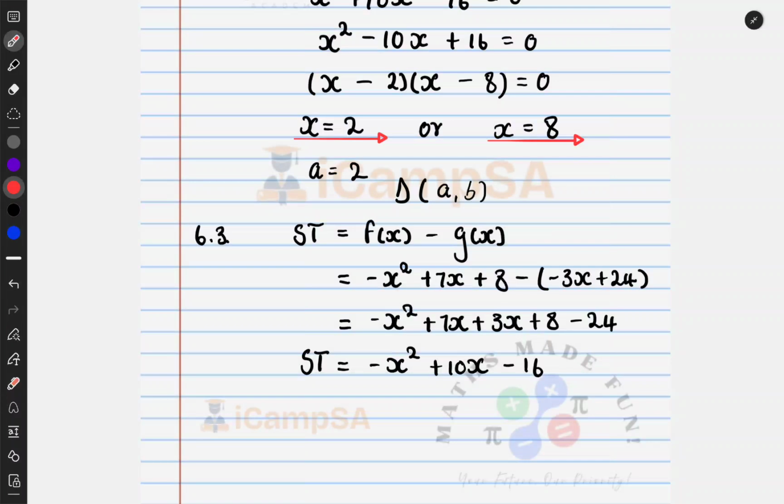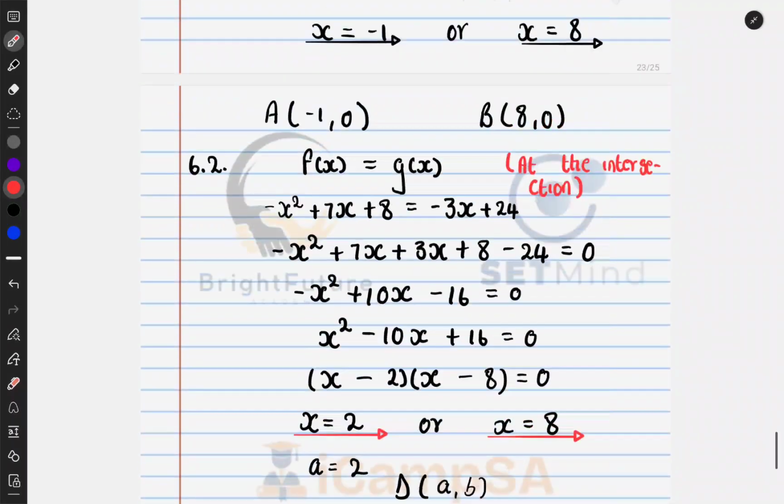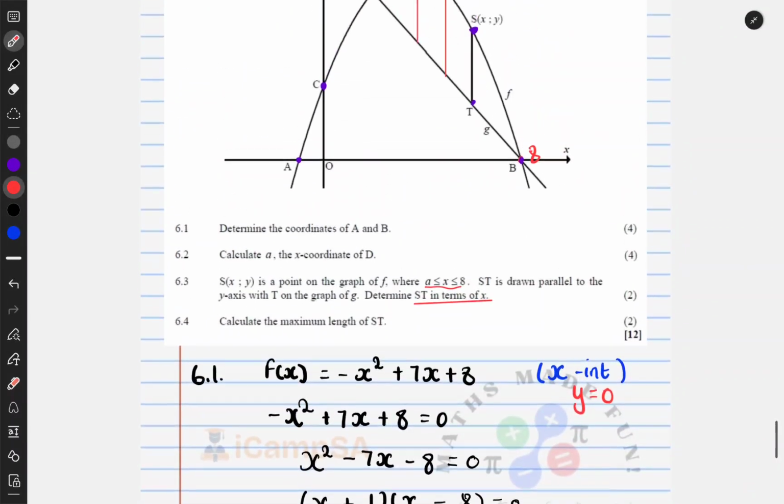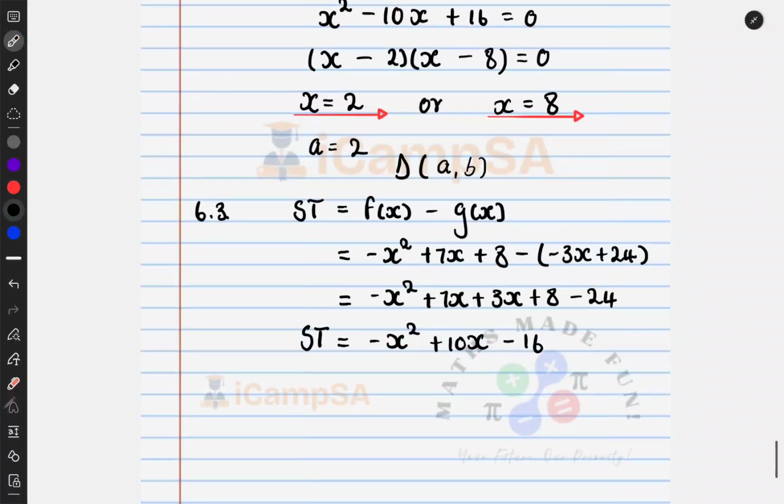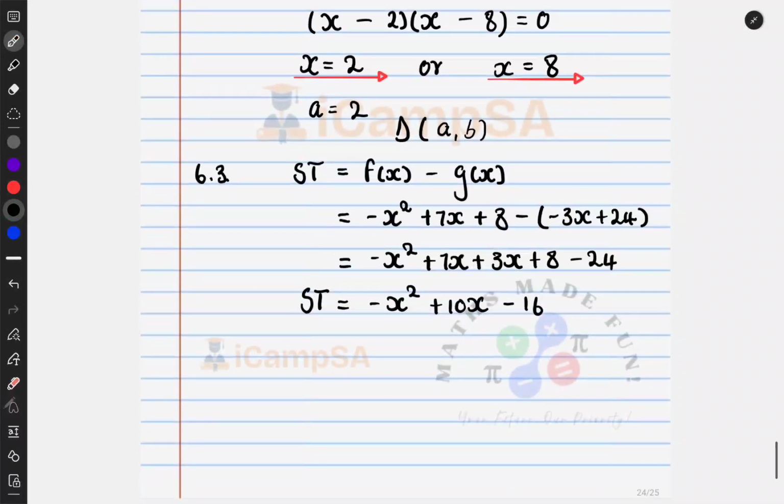So the maximum distance will occur at what? At the turning point. So we need to calculate the turning point of this, firstly the x coordinate, and then we will substitute the x coordinate, which would give us the maximum length ST. Let's quickly do this and find the turning point of this equation.